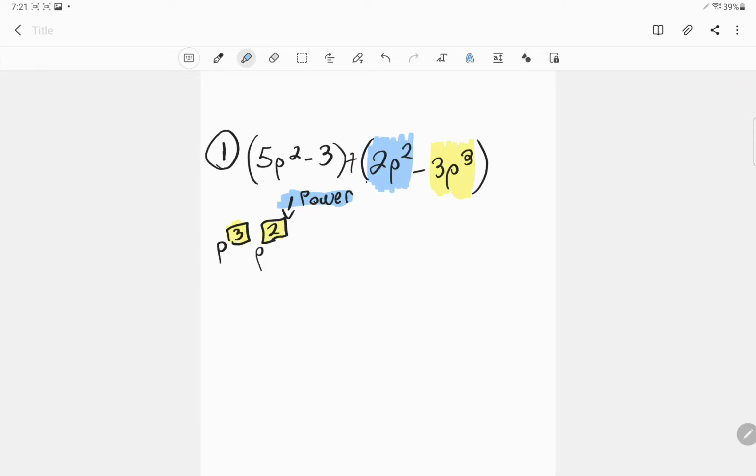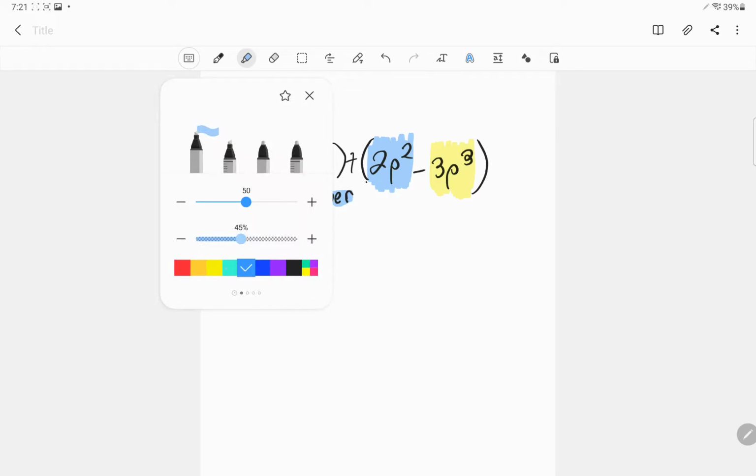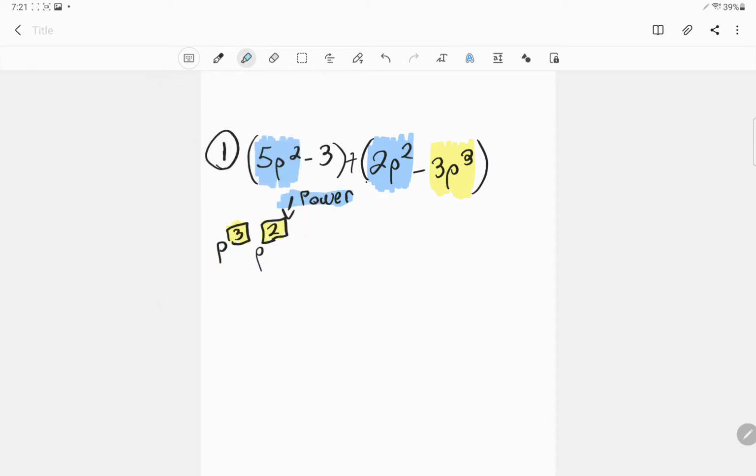I have 2p squared, right? But also, I have 5p squared. I'm going to underline both of them in that color. Now, finally, I'm going to pick another color, and this is the way I want you guys to do it. Kind of separate everything. And I'm going to highlight my last number right here.